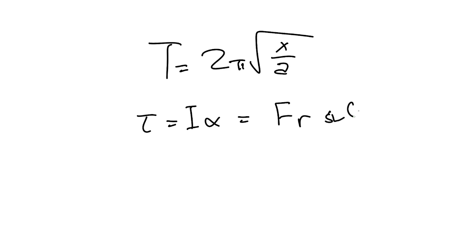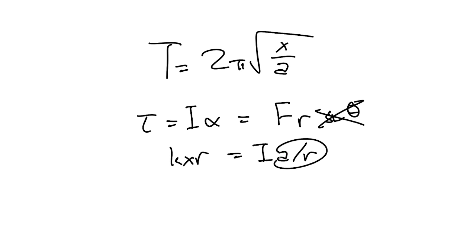Since this is perpendicular, we can just eliminate that. Our force is just going to be kx, so kx r equals I times a divided by r, because that's our angular acceleration. So that means that our angular acceleration is equal to kx r squared divided by I.